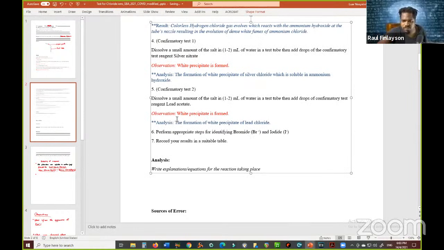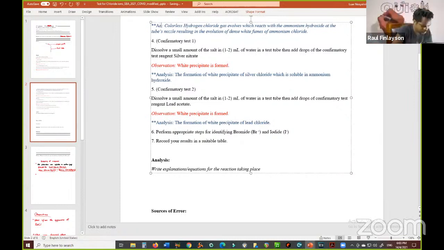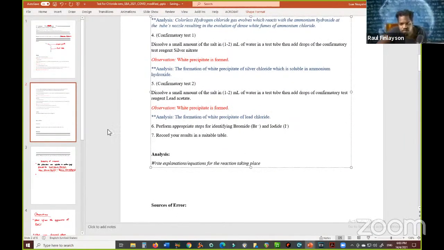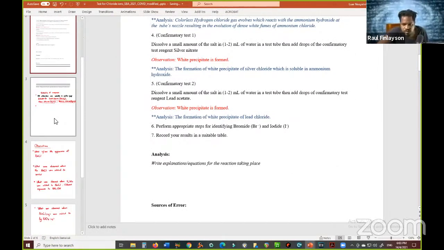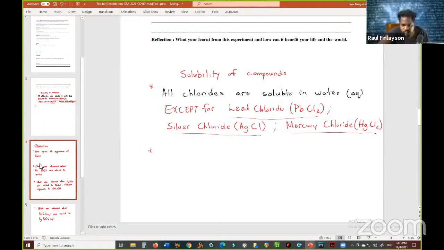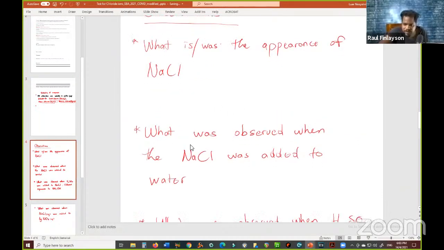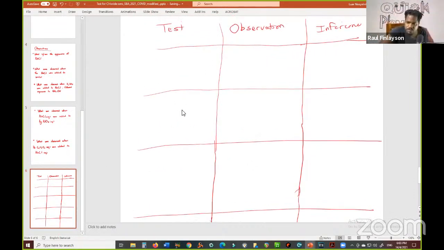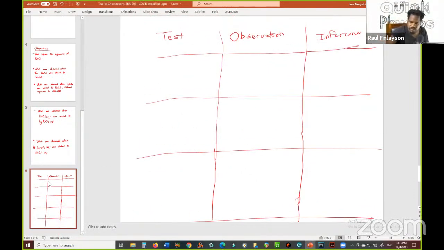Yeah, appearance of salt, you can fill those in. Certainly, this now, and here we have the test.